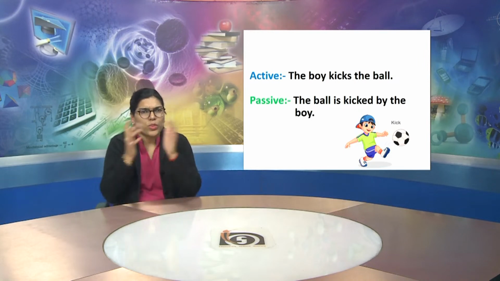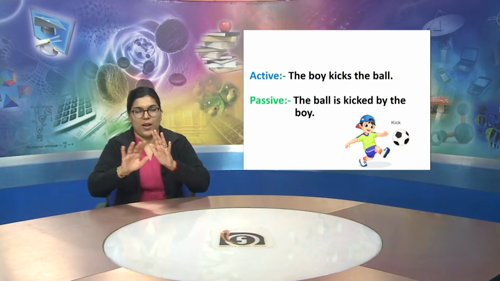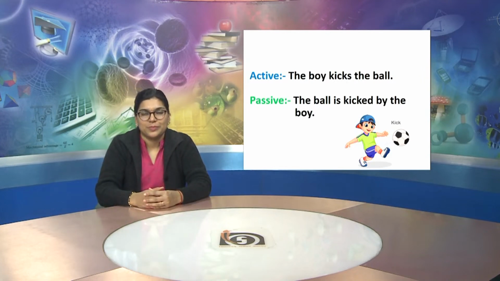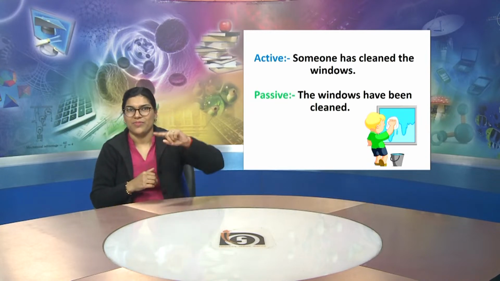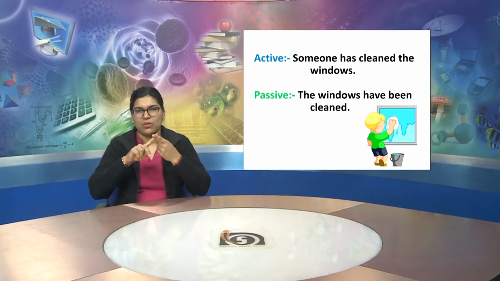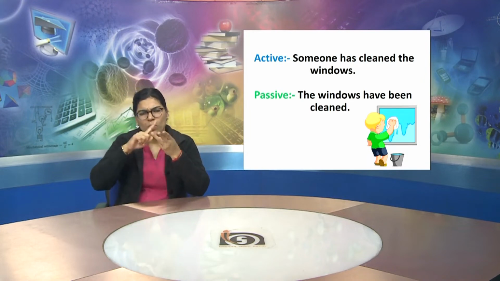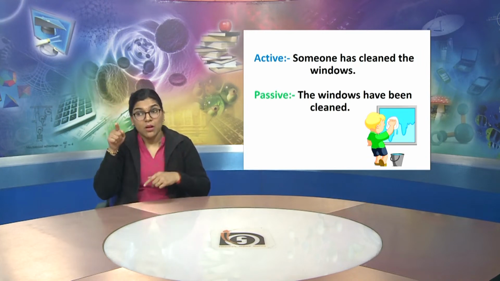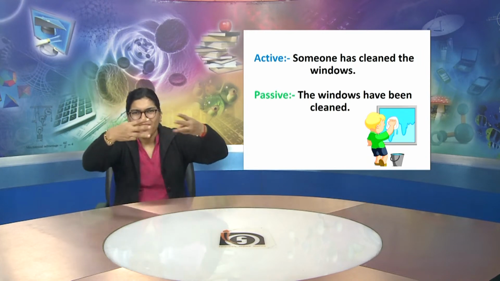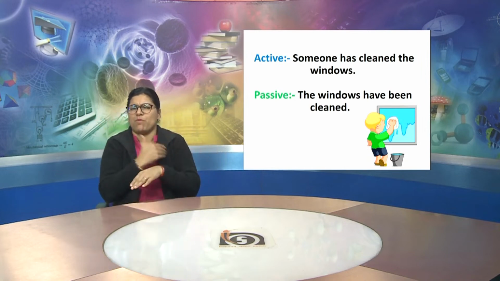But sometimes there are some different statements in which you have the option of not using by. So this is the example in which you see the by word has not been used. In this active statement, it is, someone has cleaned the window.